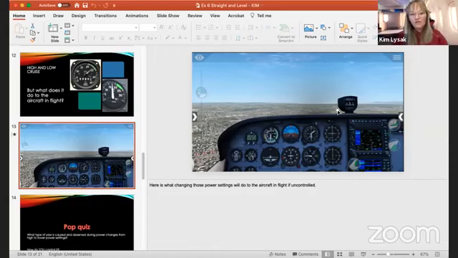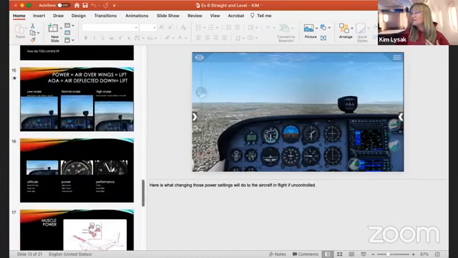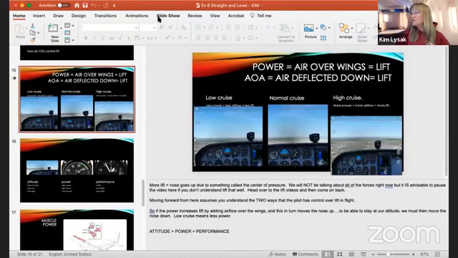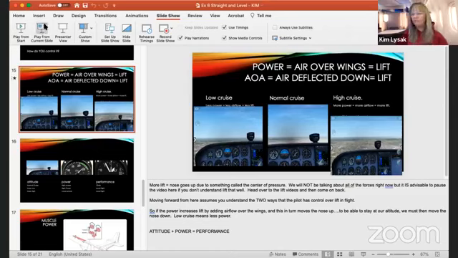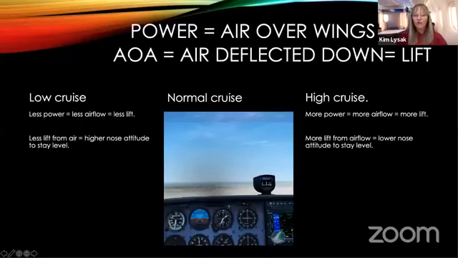What most instructors don't teach, and this is the main reason for this video, is that even though this normal cruise attitude needs to be memorized, there's actually two more going on here. Okay, so first, let's stop sharing and make sure this is working properly.